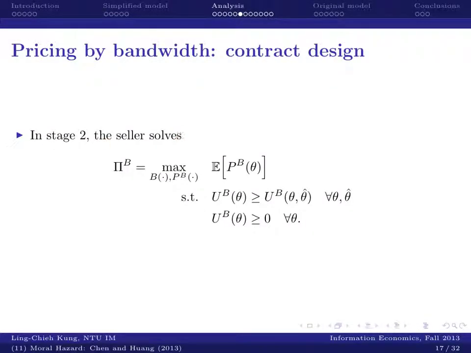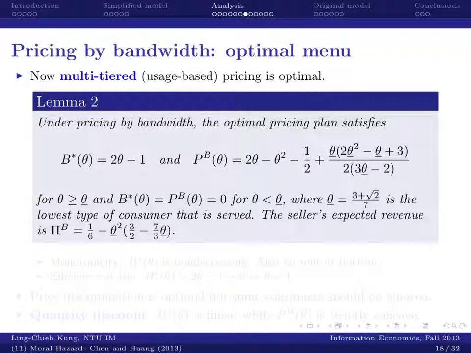The seller needs to design bandwidth and payments to satisfy the ICR constraint and maximize the expected revenue. In this case, the optimal solution goes back to what we are more familiar with. It is a multi-tiered pricing or usage-based pricing. That means I'm going to design many different options, many different speeds for you to choose, but for different speeds, you need to pay different money.